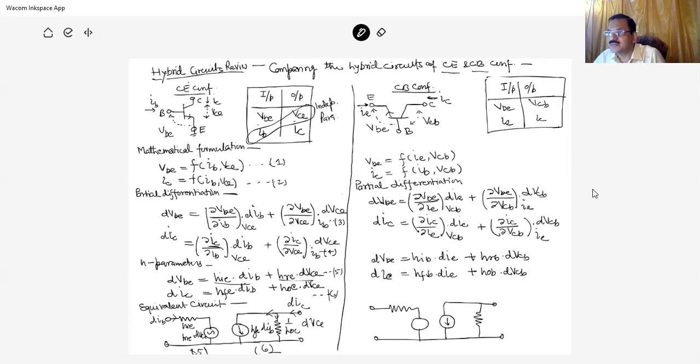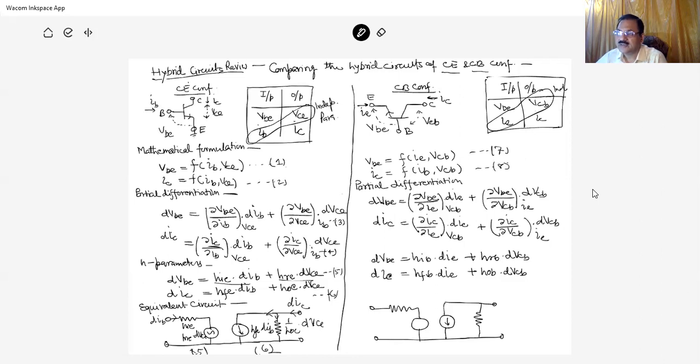In common base configuration, again the input current is IE and the input voltage is VEB, the output voltage is VCB and the output current is IC. So we have these two parameters as independent parameters and the remaining two as dependent parameters. These are equation 7 and equation 8.